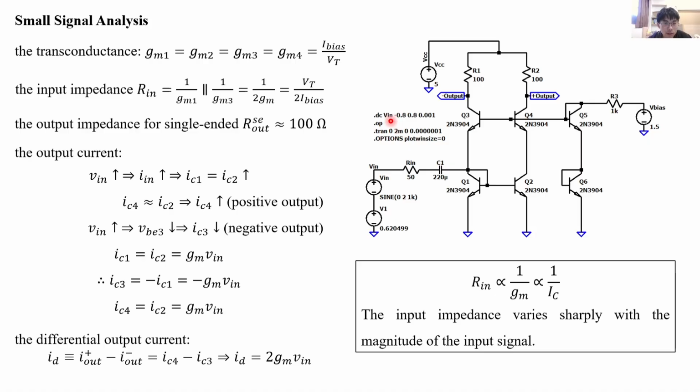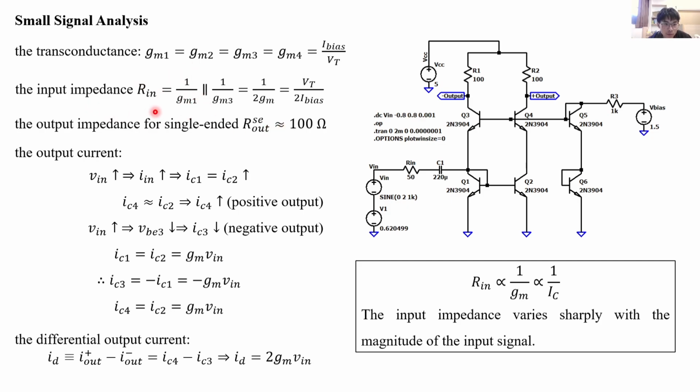Next, we do the small signal analysis. We calculate the transconductance of Q1 to Q4, and the value equals I bias over Vt. The input impedance of this amplifier is 1 over gm1 in parallel with 1 over gm3, because if we're looking into the emitter of Q3, it's about 1 over gm3, and Q1 is a diode connected BJT, so the value can also be approximated as 1 over gm1.